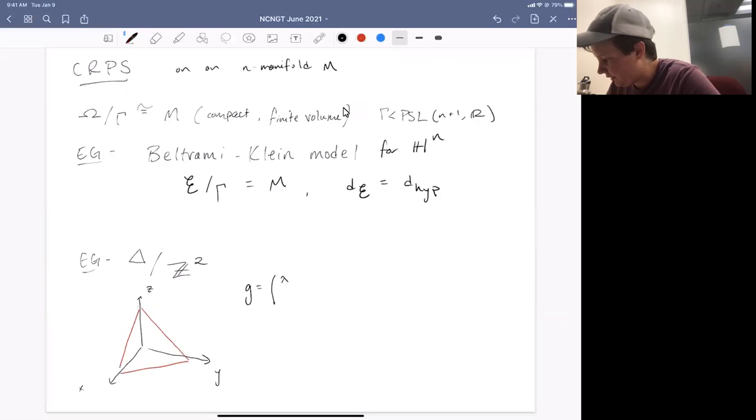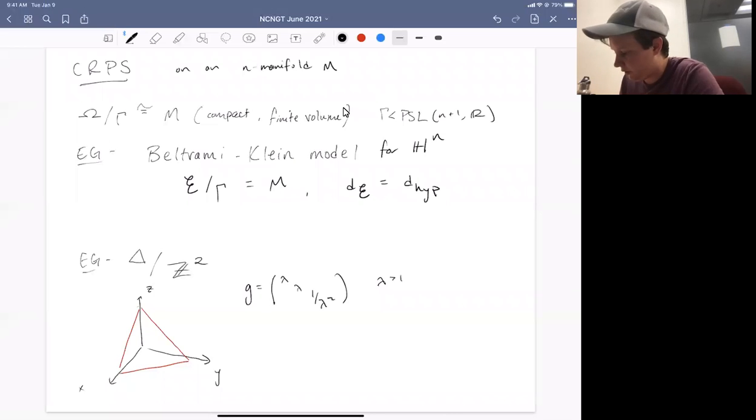So say G is diagonal with entries lambda, lambda, 1/lambda^2, with lambda bigger than 1. So if we look at the action of iterates of G on the first octant of R^3, it's scaling in the x direction and the y direction, but projectively, these directions are fixed. So projectively, these are fixed points.